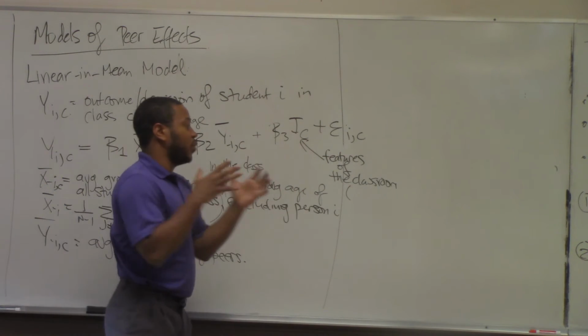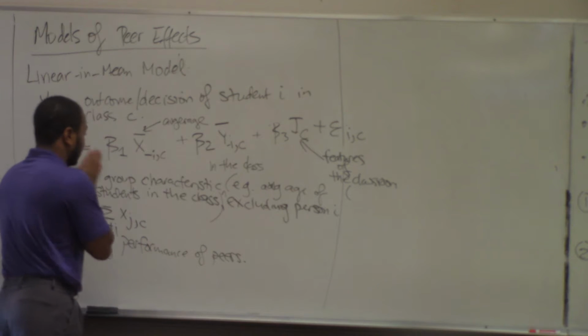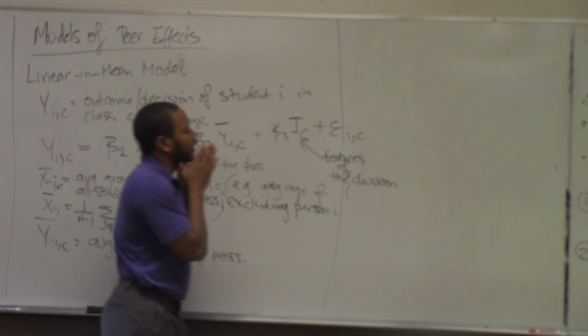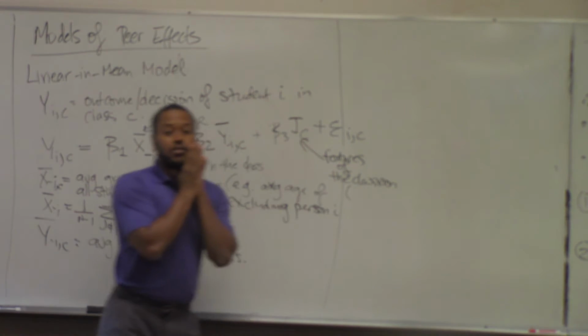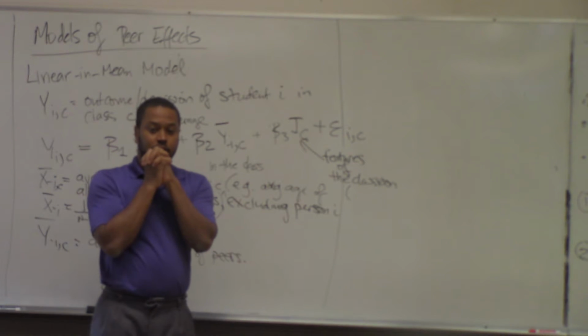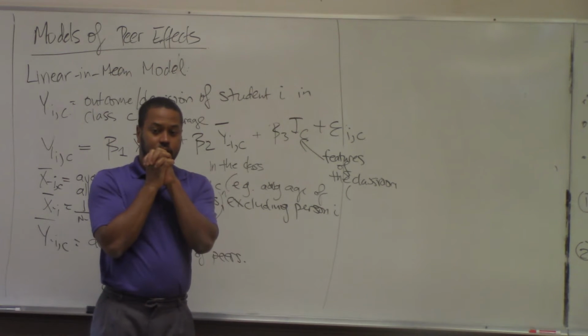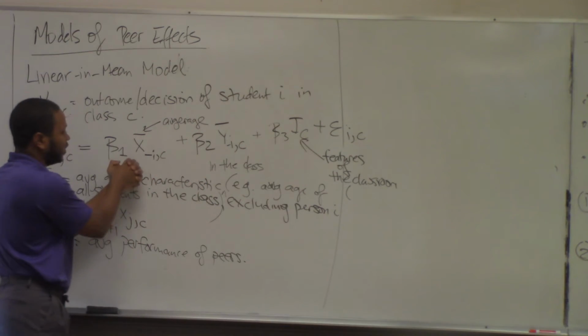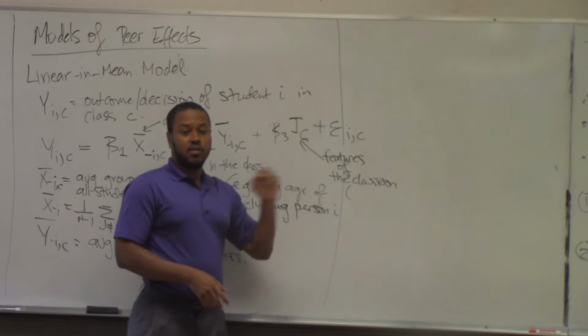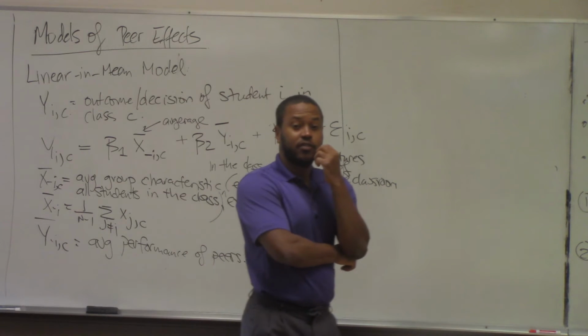So let's just stop for a moment and think about these things. Are these x's going to be correlated with these epsilons by construction? Who wants to take a stab at that? Are the x's of the people going to change in response to these things that we don't observe?